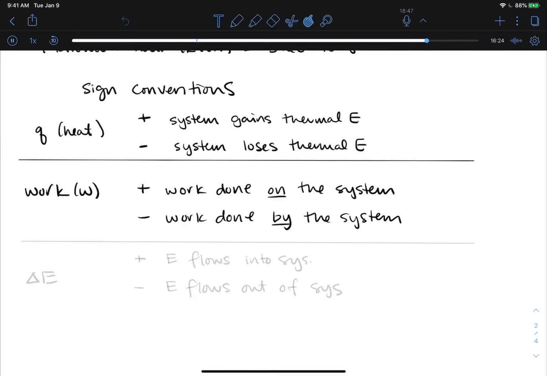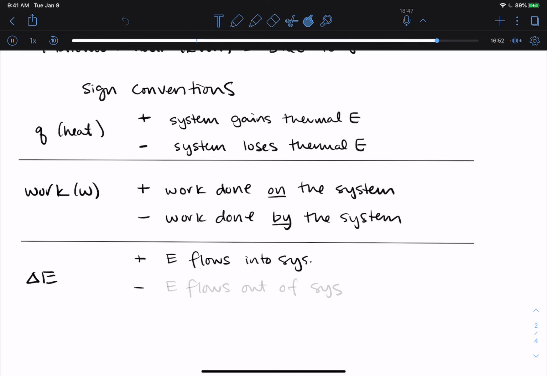And then with this, it's a crazy line. Sorry, I know you won't see it, but I had to erase it. We combine those two together to get our change in internal energy, right? If we overall have a positive value for internal energy, we're talking about energy flowing into the system.